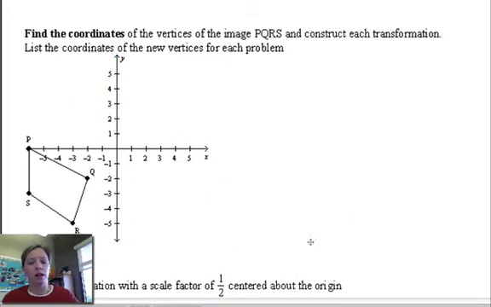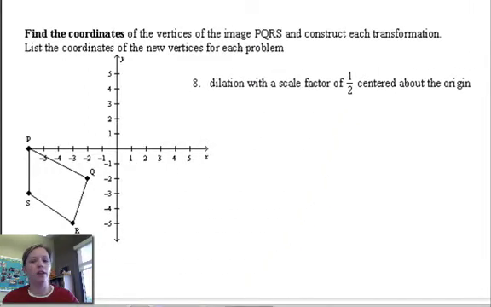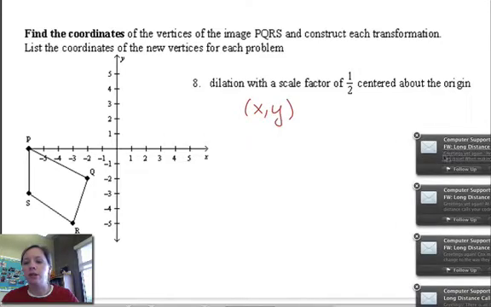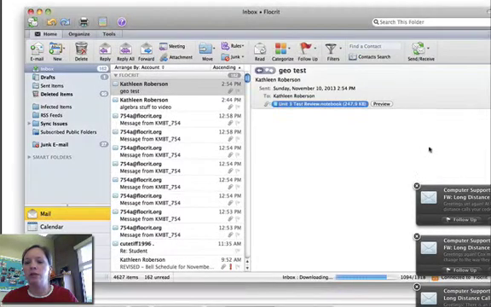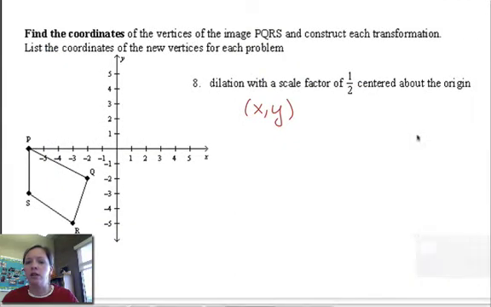Okay, the next one was the dilation with a scale factor of 1/2 centered about the origin. So remember, that means that my rule is, all these emails are popping up. This is ridiculous. My rule is x, y maps to 1/2 x, 1/2 y.